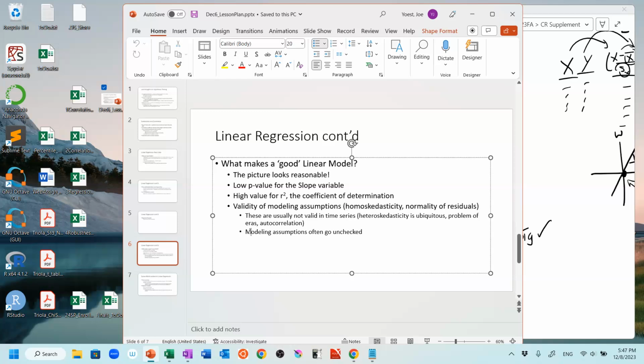And one of the problems is that even folks using linear regression as part of research, like biology research, if they're doing their own stats, a lot of times they don't really check these assumptions. And there are some important modeling assumptions underlying these techniques, so it is important to check those.